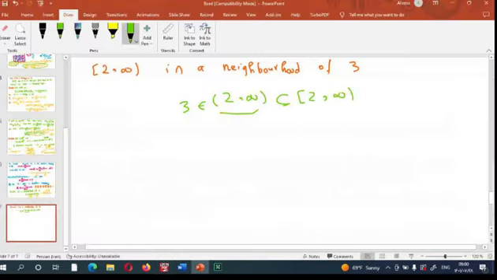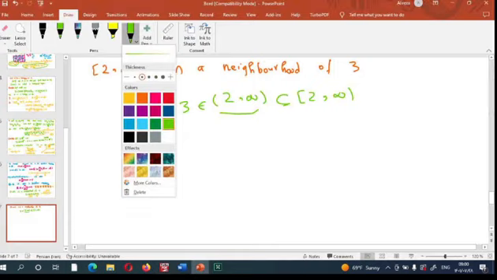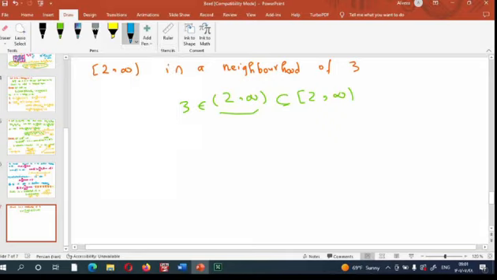So we have this definition, that A is closed if and only if X minus A is open.